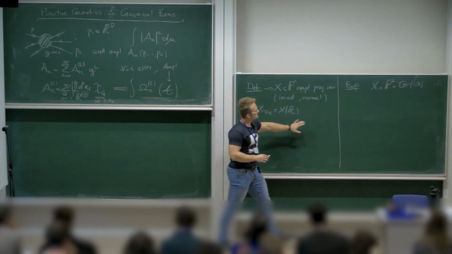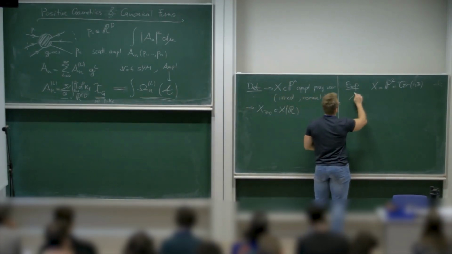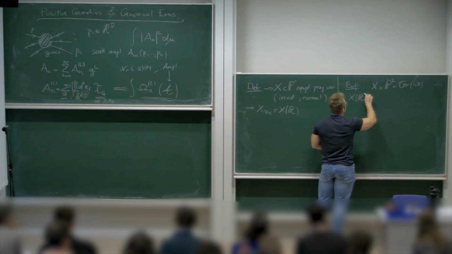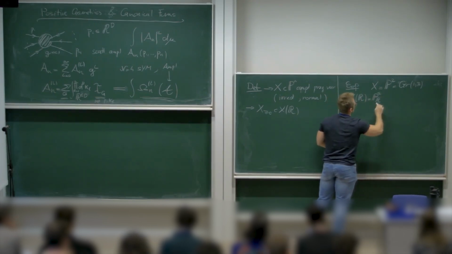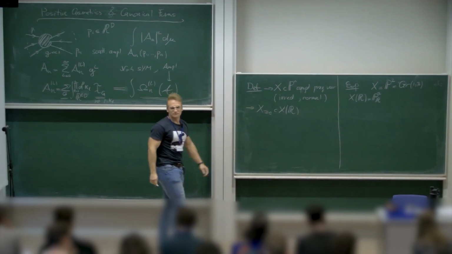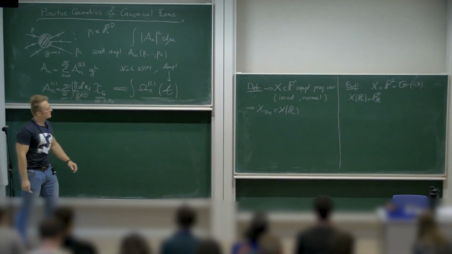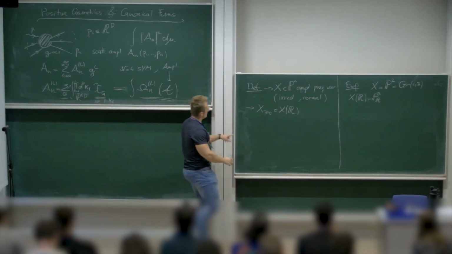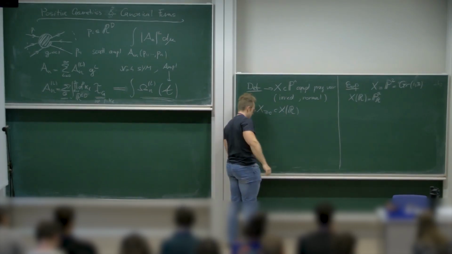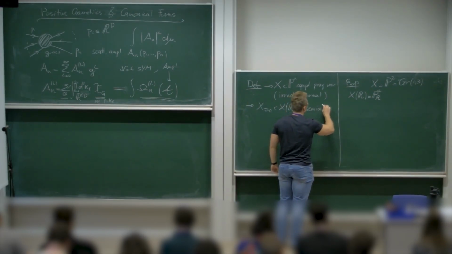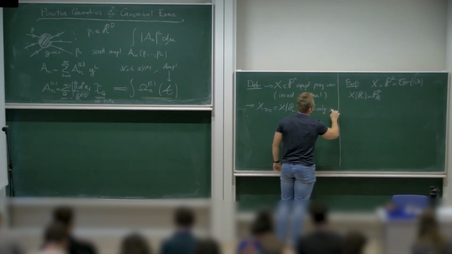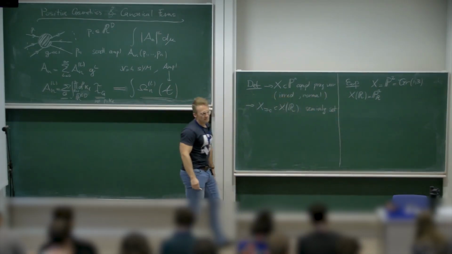So in this case, X_R is real projective space, which locally looks like R^2. Locally looks like the blackboard. So inside this space, I have a semi-algebraic set. The semi-algebraic set is cut out by polynomial inequalities.